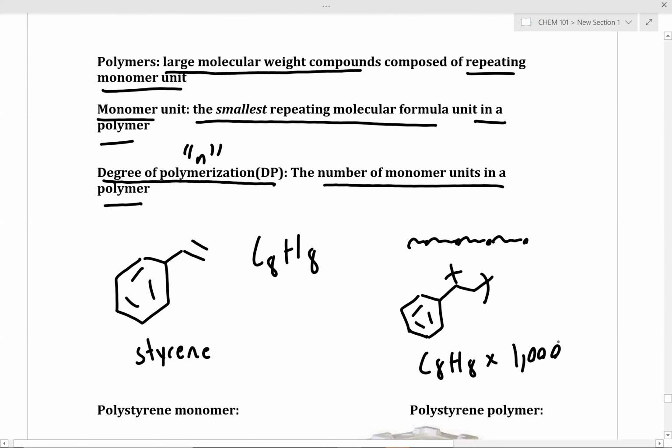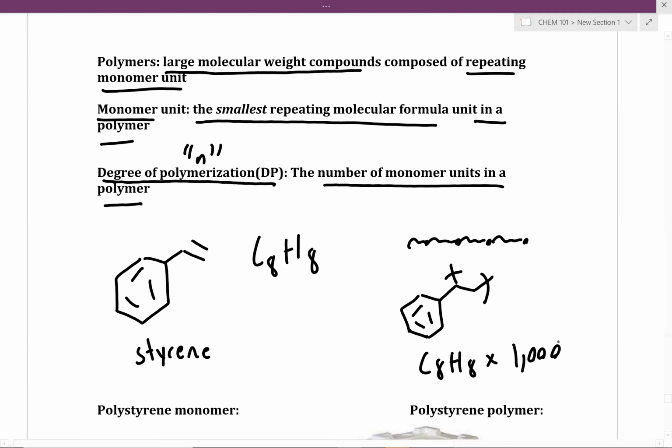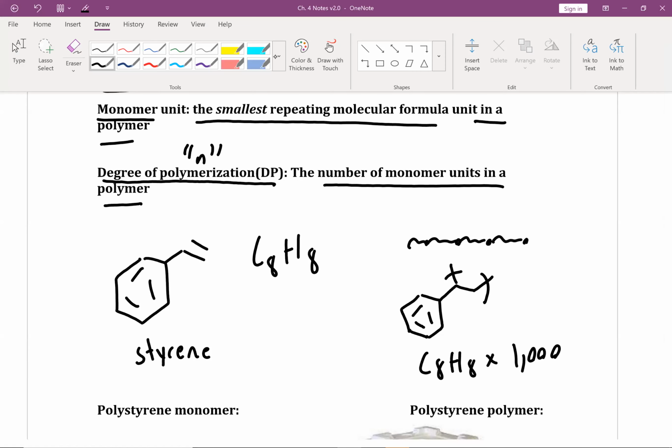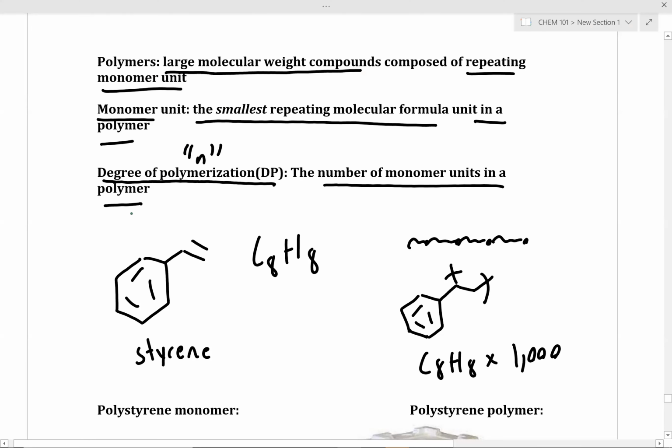So to get a sense of the weight of all of these polymers, let's calculate the mass of a single styrene molecule, and let's calculate the mass of this bulky polystyrene polymer. So let's do this together. Can we calculate the molar mass? Can we calculate, for example, the empirical subunit mass if we know the formula?